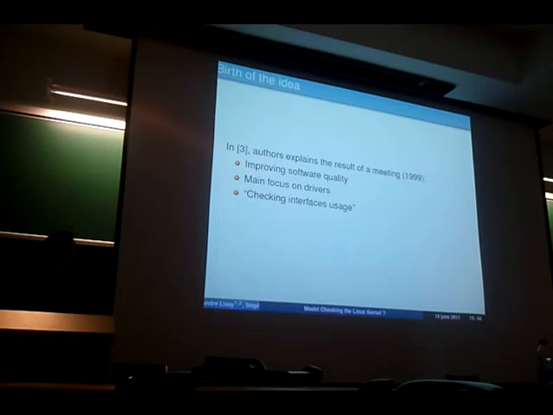They wanted to check interface usage, just like the people from Stanford. Maybe it's the contrary, because the Stanford people published after. And they put the focus on drivers. I think it's obvious why: at the time, Windows was not very popular for its stability.